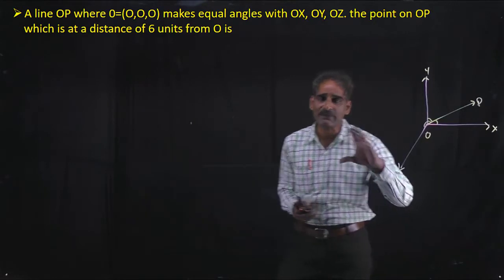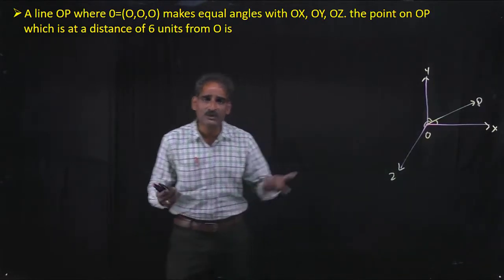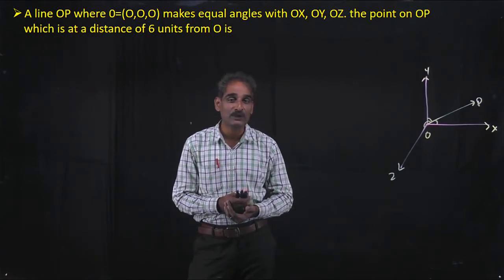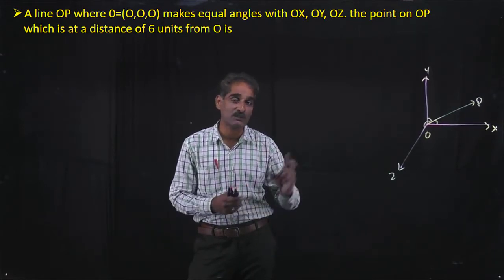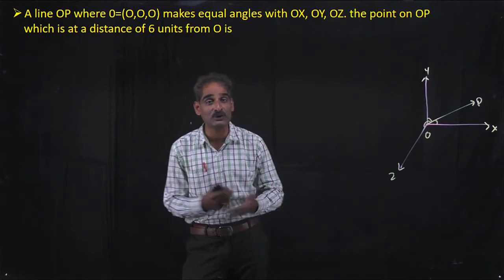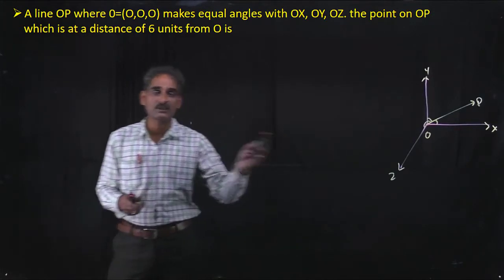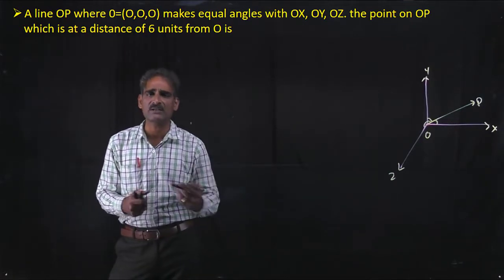Understand? If a line makes equal angles with the coordinate axes, what are the DCs? Already proved in the previous sessions: 1 by root 3, 1 by root 3, 1 by root 3 in case of positive axes, otherwise plus or minus 1 by root 3 for each. So here, this is an objective question, we can just use the result.